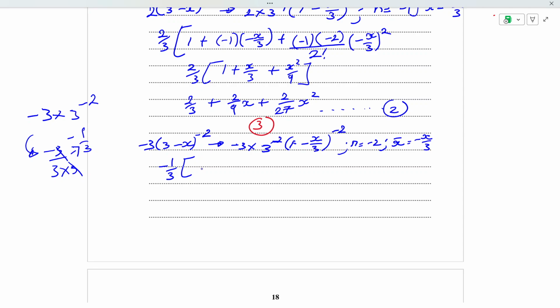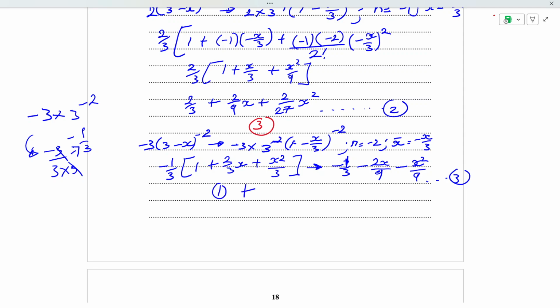Then bracket, so you simplify that and it becomes 1 plus 2 over 3 x plus x squared over 3, then square bracket. When you simplify that, it becomes negative 1 over 3 minus 2x over 9 minus x squared over 9. Then that's part 3.